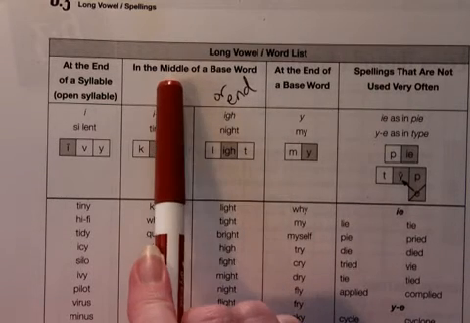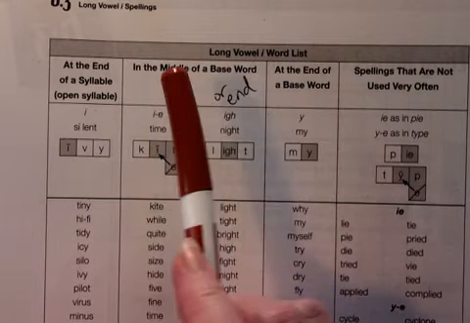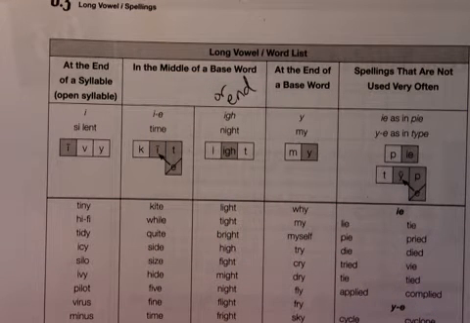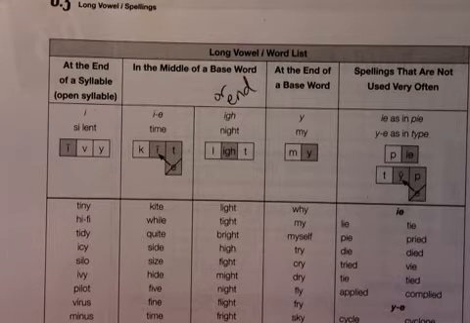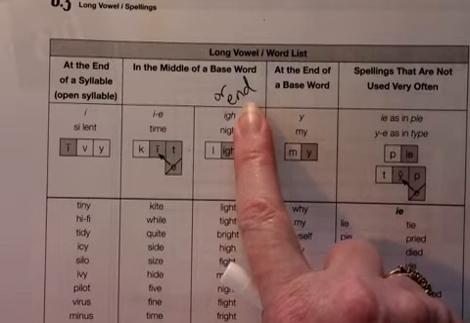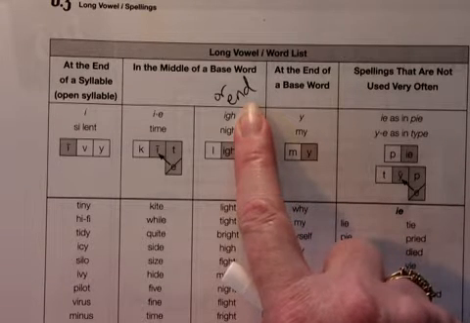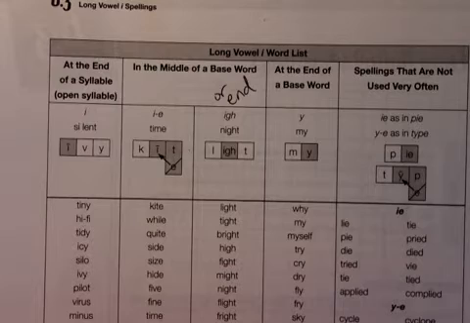This says that it's in the middle of a base word, but as you can see, some of the words on our list are here. Sigh, the I is the last sound, so it's at the end of the word. Also, thigh is at the end of the word. So it can be in the middle of the base word or the end of the base word.